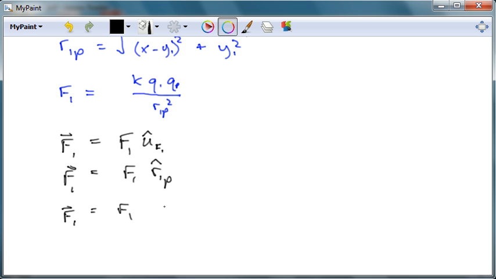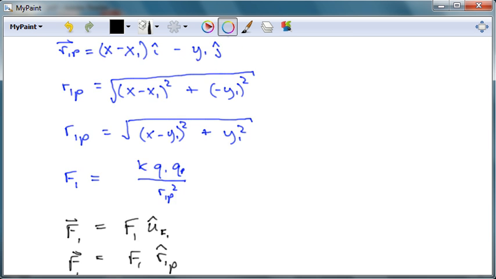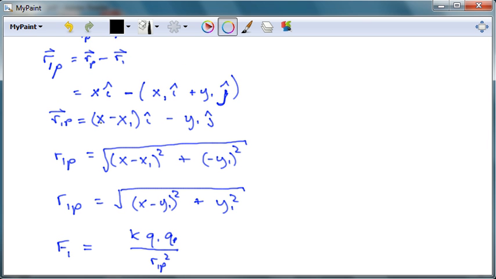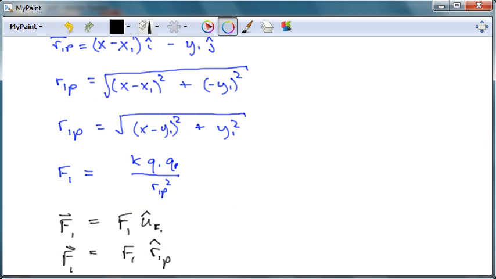I'll call it X1P I plus Y1P J. And 1P is hard to read there, 1P and then times J, where these are generic symbols, but X1P and Y1P are already known. X1P is X minus X1 and Y1P is minus Y1.